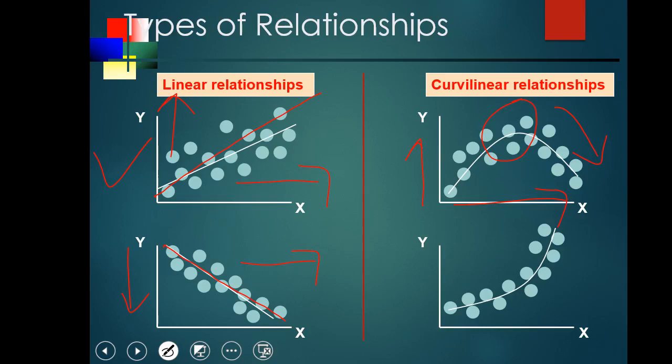So in this case, y is no longer linearly related to x. With an increase in x, the y value increases, but there is no linear increase, there is an abrupt change somewhere here.